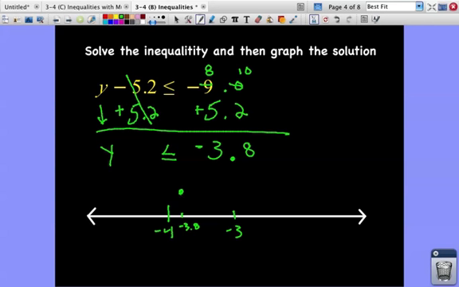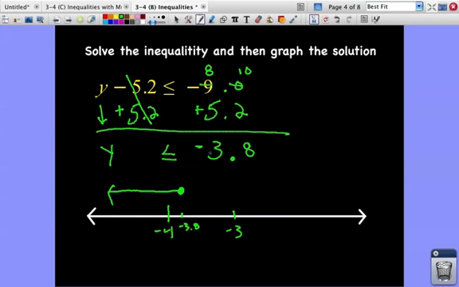It is going to be a closed circle because it's less than or equal to. And because y is less than or equal to, we will shade to the left on our graph. So there it is. I'm indicating that I'm at negative 3.8, in between negative 4 and negative 3. And I'm shading to the left because y is less than or equal to negative 3.8.